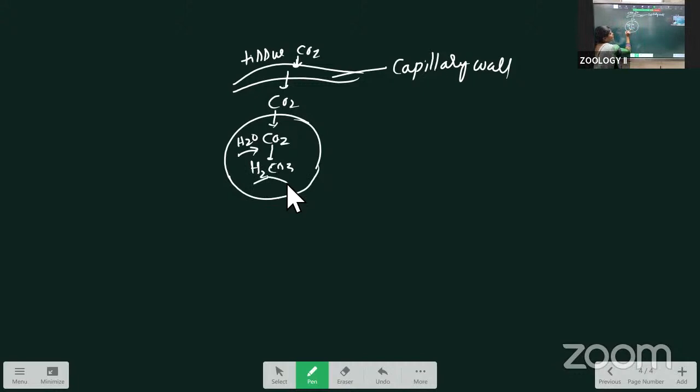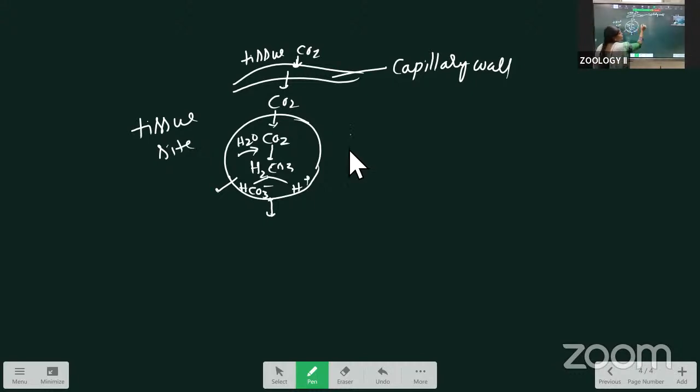H2CO3 dissociates into HCO3 minus and H plus. HCO3 minus enters inside of the plasma. Next, this one is the tissue site.